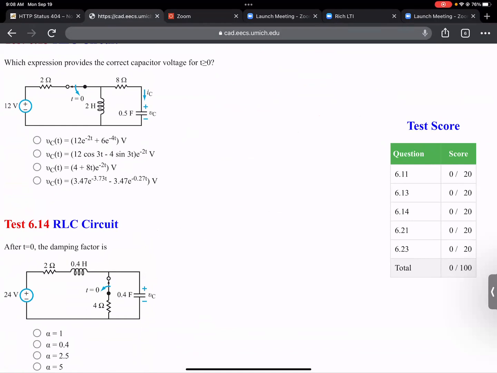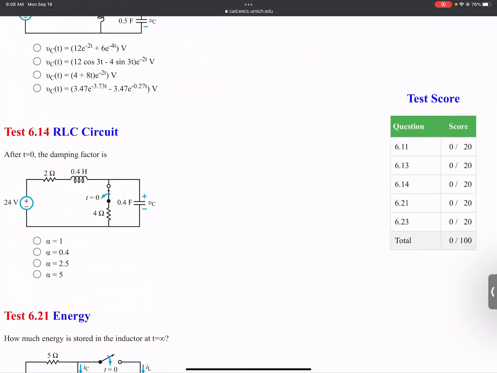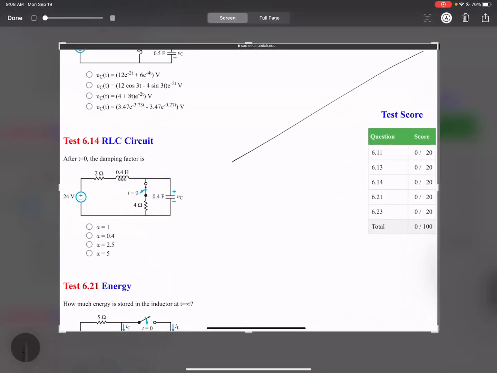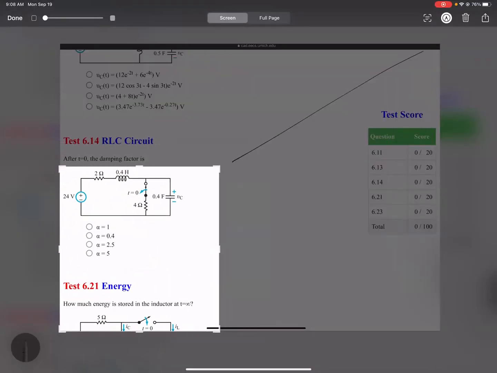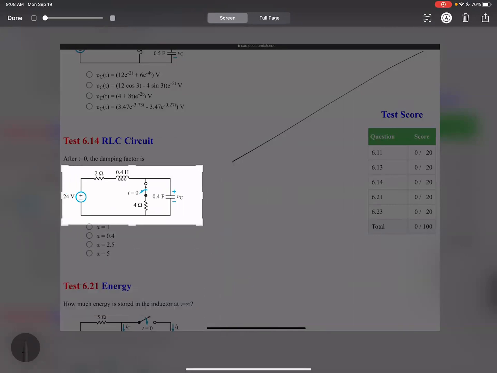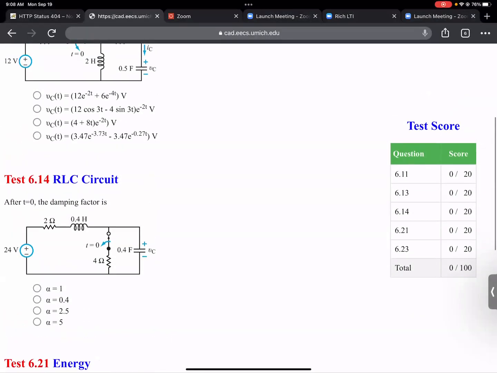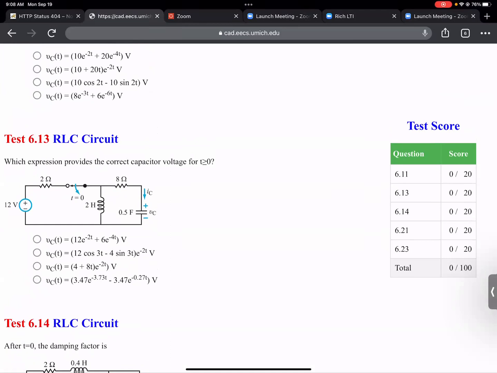Okay, a vote for series connected RLC. Vote for parallel. Okay, we got parallel. We'll grab this one. Oh, whoops, I grabbed the wrong one. Okay, this is the parallel one.